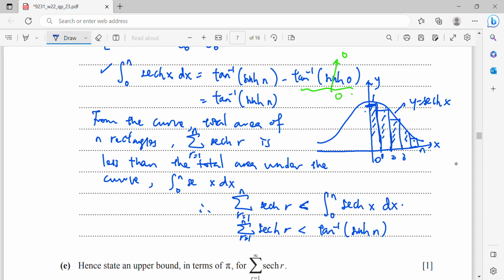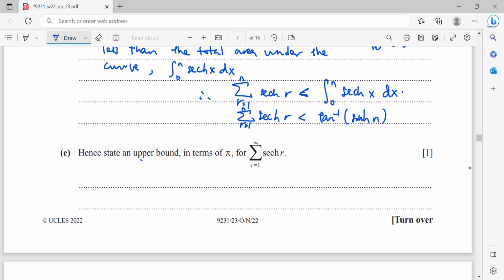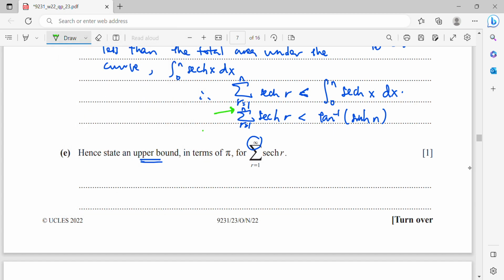Now, hence, state an upper bound in terms of pi for the summation of hyperbolic secant r from 1 to infinity. Just now, it was r from 1 to n. Now the n has been changed to infinity, which means we are taking the limit.